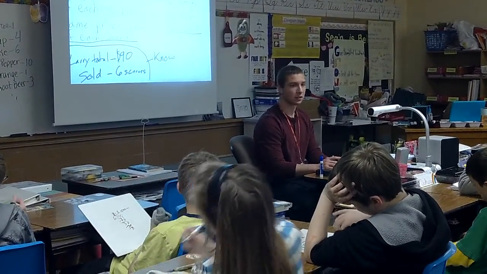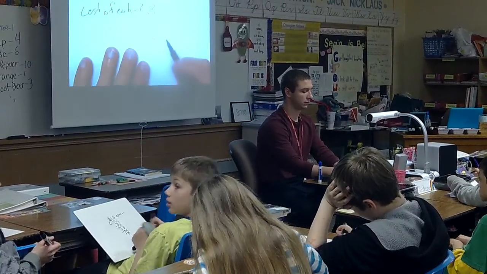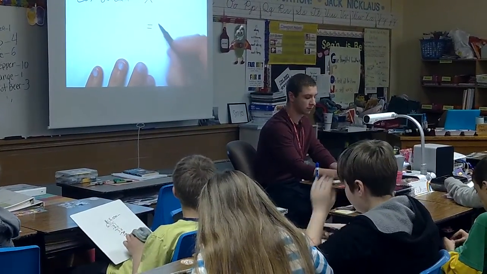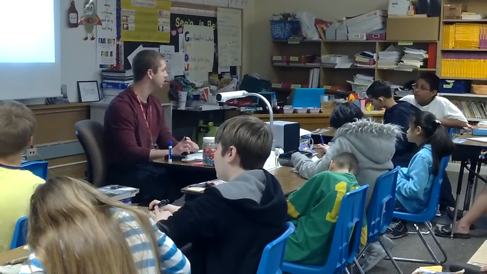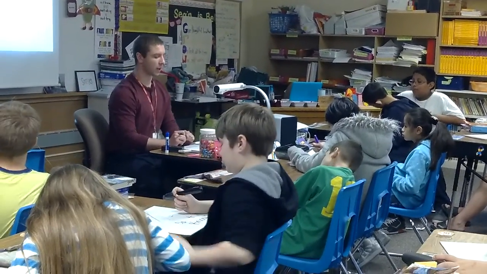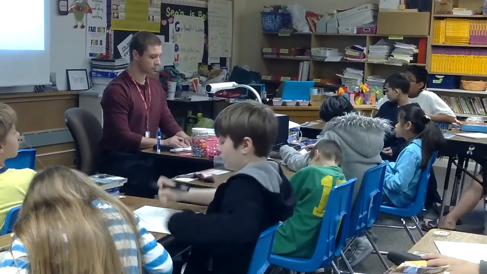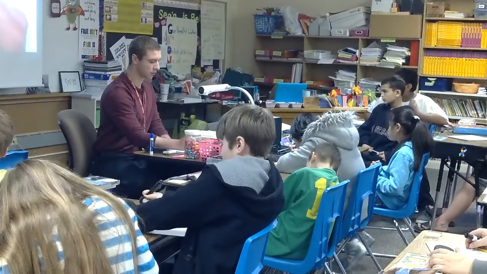So you want to put the 90 on this side? Yeah, so that's the total, that's what we're trying to get to. Everybody see that? Okay. So now what else do we know? So we can put it on this side. Okay, so let's put 6 over here.